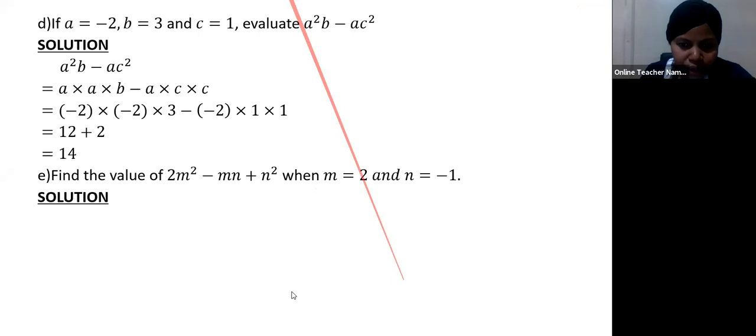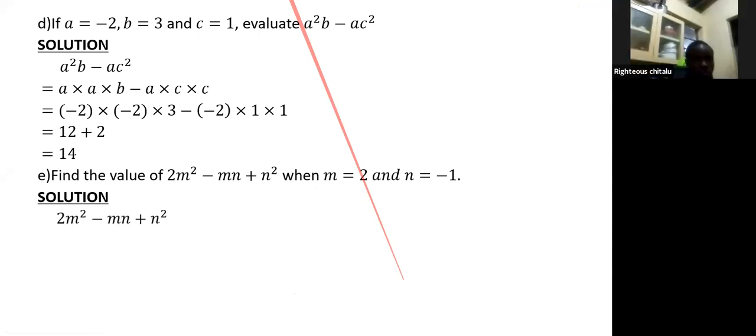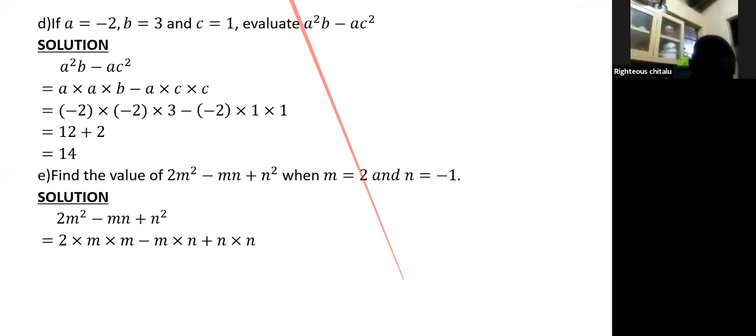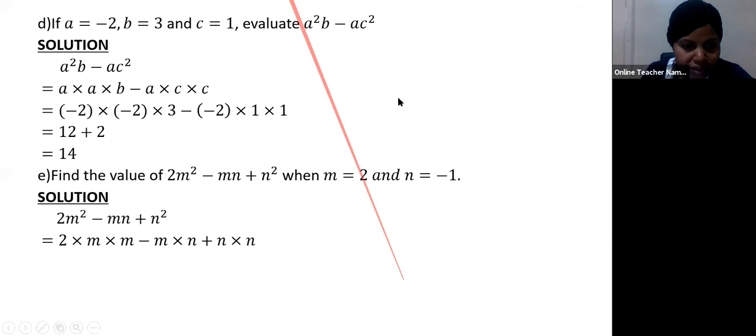What we are going to do is to expand. So 2m squared minus mn plus n squared is the same as 2 times m times m. And then mn is the same as m times n. N squared is n times n.